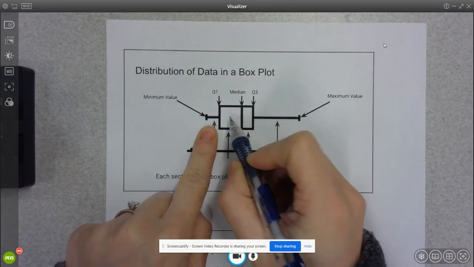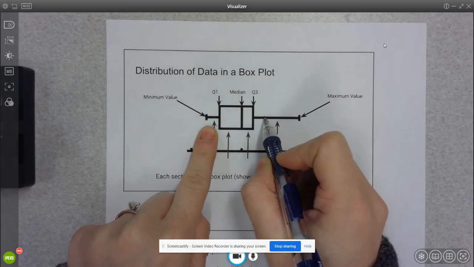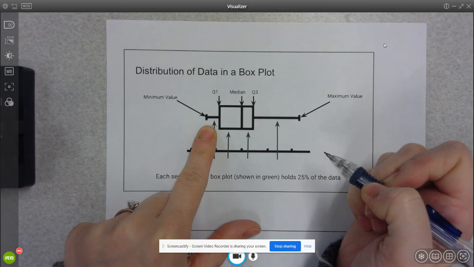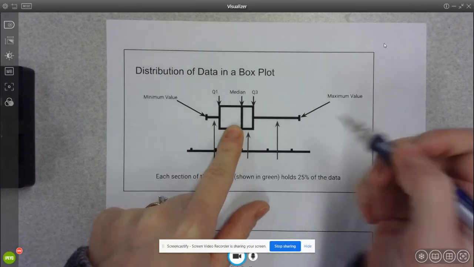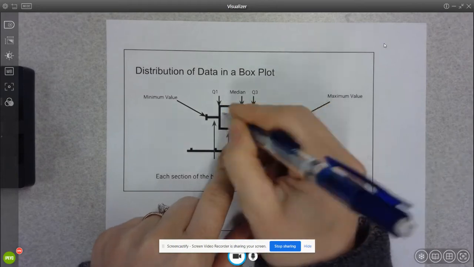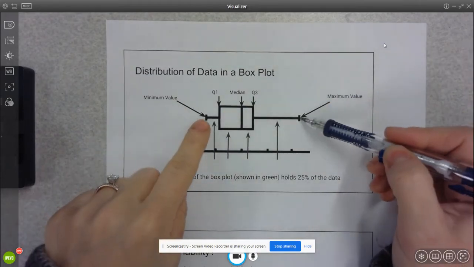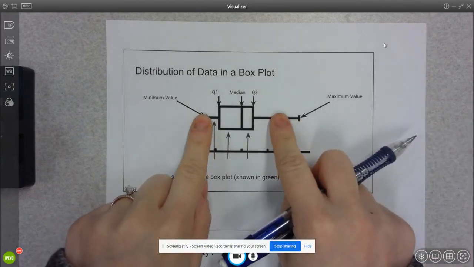This part of the box is 25%, this part of the box is 25%, and this other whisker is 25%. So 50% of our data is held in the box. The whole box itself is 50% of our data. And again, 50% of our data is on both of these whiskers.